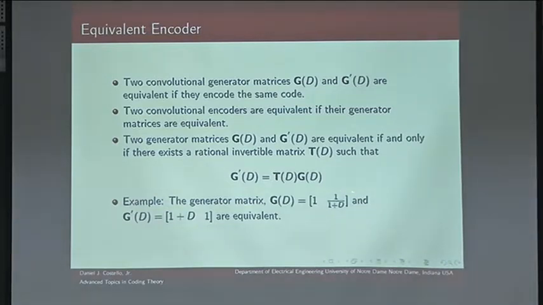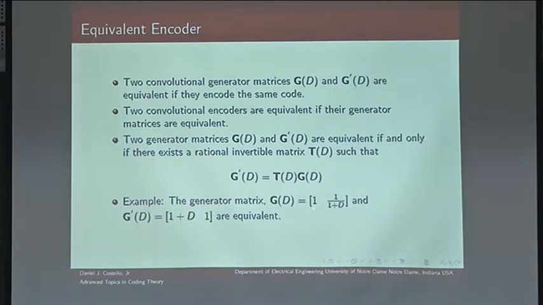How do we get that over here? Well, we would have to multiply this matrix by 1 over 1 plus d, which means we'd have to put the all 1 input sequence in here. And then we'd get 1 out here, an infinite sequence of 1s here.